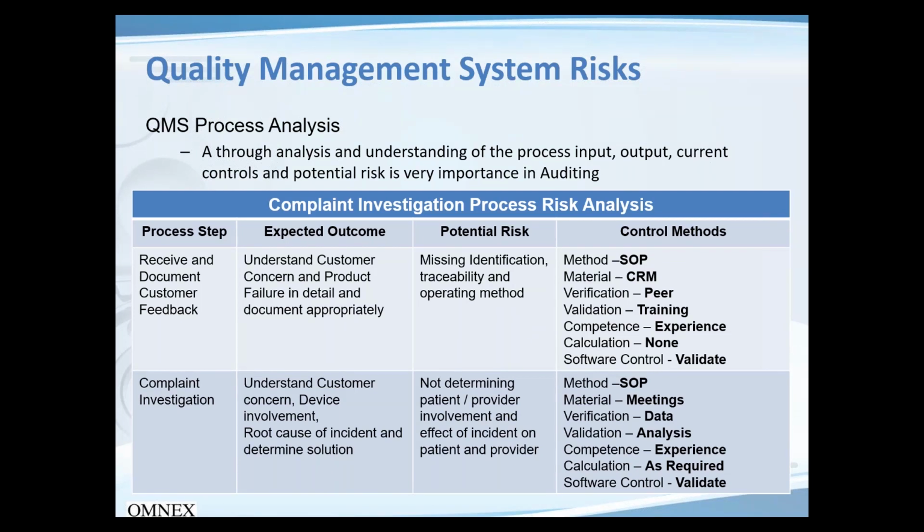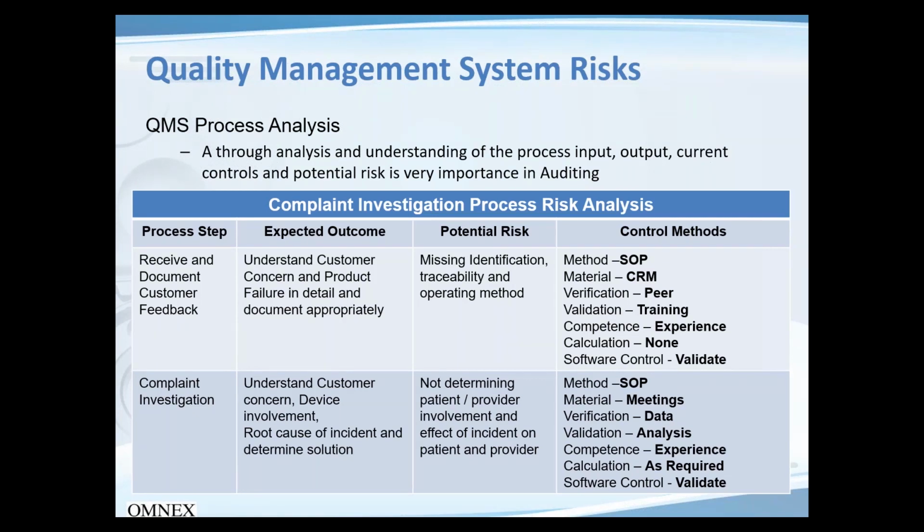In those two things, there is a potential risk. What is the missing identification and traceability, or what operating systems are not being considered? Those kinds of things are also potential risks that we will be looking into. And current control methods are what we have in the manufacturer's facility today to control these complaints and complaint investigation processes.